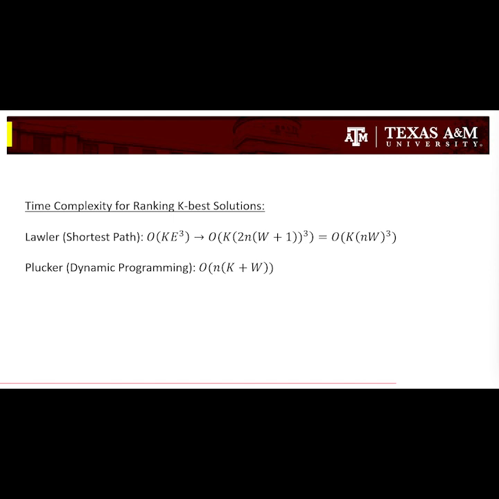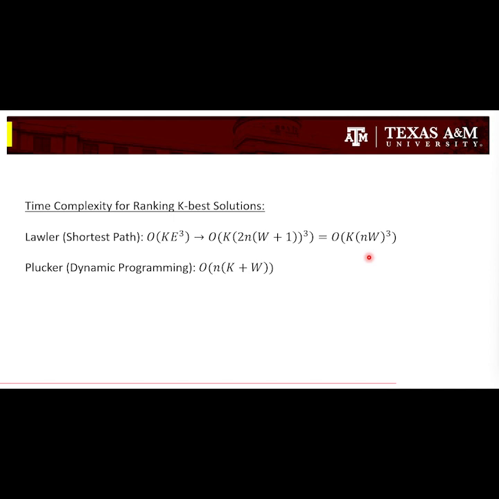So in Lawler's paper, he cites a time complexity of O(kE³), where E represents the edges. For our problem, that translates into 2nw + 1 edges. And so, of course, that gives us an O(k(nw)³).